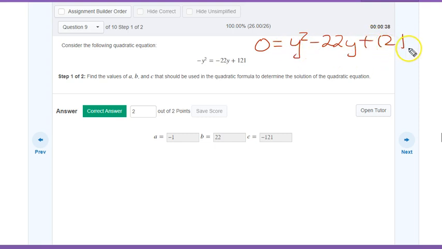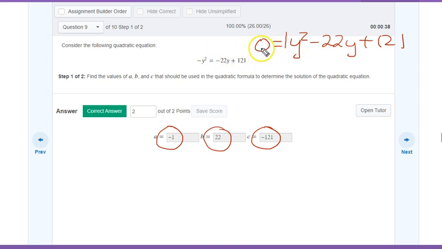Now it's in standard form. I can identify my a term as 1, my b term is a negative 22, and my c term is a positive 121. Now you'll notice these are all opposite signs.